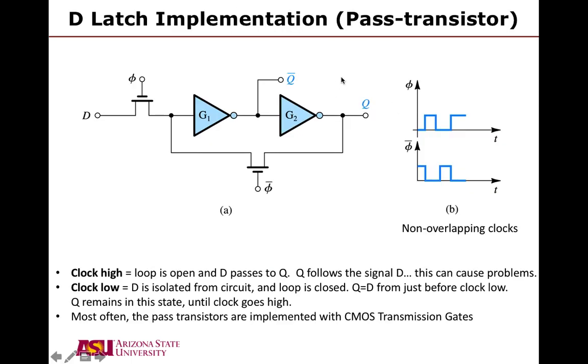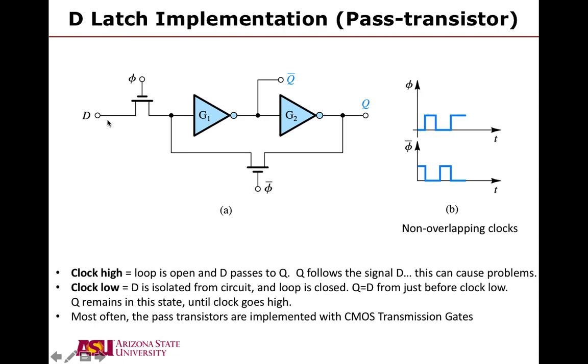If you look at a D-latch implementation using pass transistor logic, again with the main motivation to reduce the number of devices and use mostly NMOS, we can implement a D-latch with pass transistors, phase and phase bar, and then 2 inverters. So in this system, if you have D coming in and the phase is high, then the series switch closes and the switch in the feedback loop opens because that's controlled by phase bar.